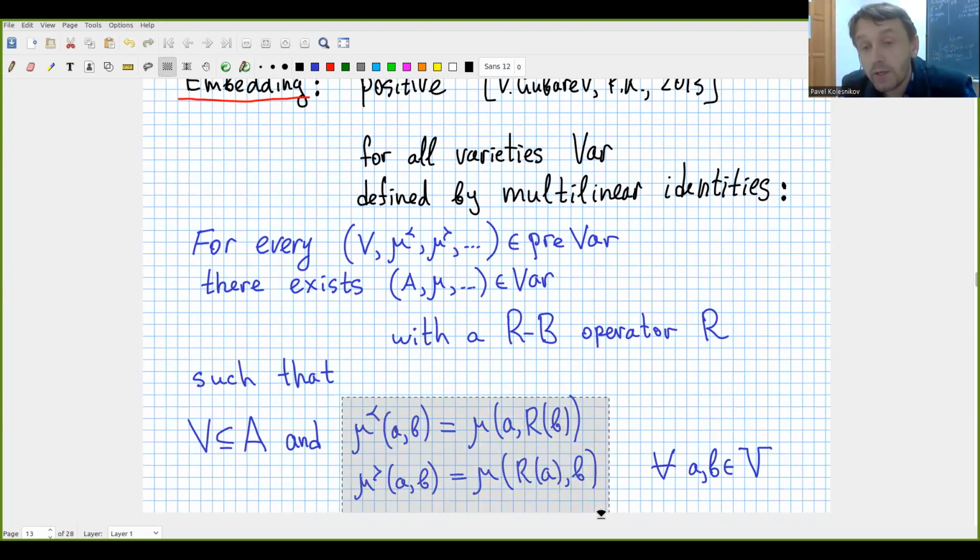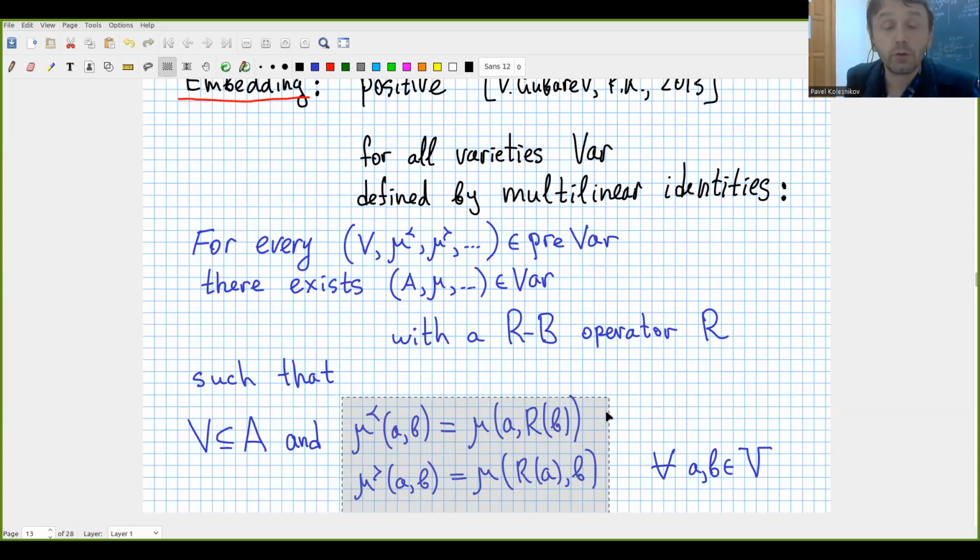So for the integration setting, the embedding problem solves positively. The identity problem can be solved by the routine procedure of dendriform splitting.